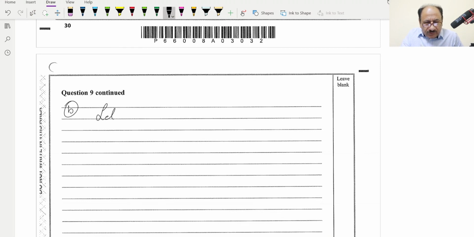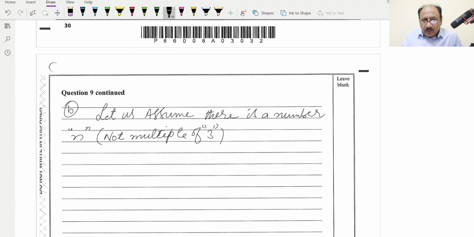Let us assume there is a number n which is not a multiple of 3, yet n square is a multiple of 3.